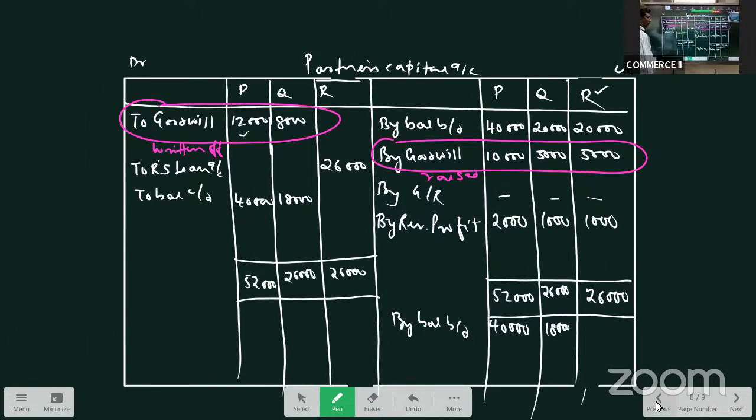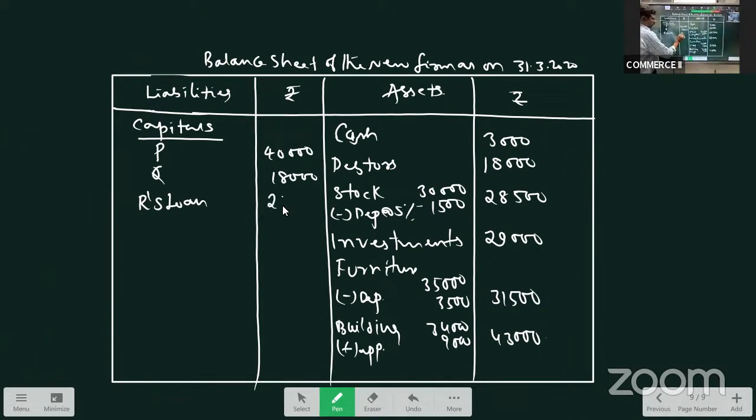It was 26,000. We have transferred it to his loan account, 26,000. Then we have creditors 36,000. And then bank overdraft 24,000.